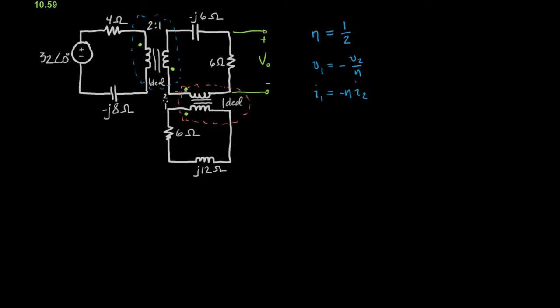We're going to look at the turn ratio as N1 to N2, so that's going to be 2. So N would equal 2 here. And because of the dot configuration, we get equations that look like this.